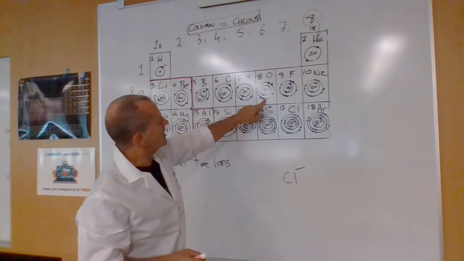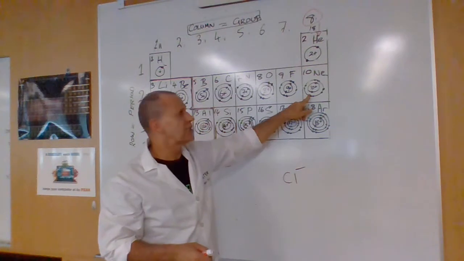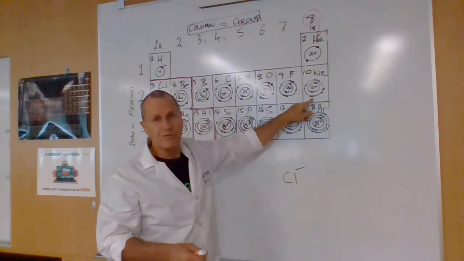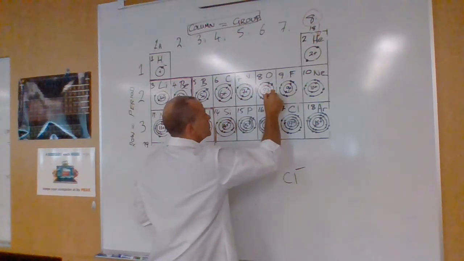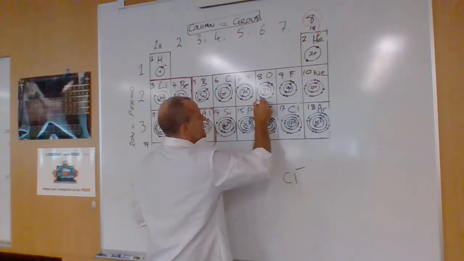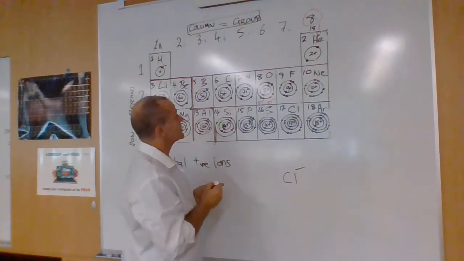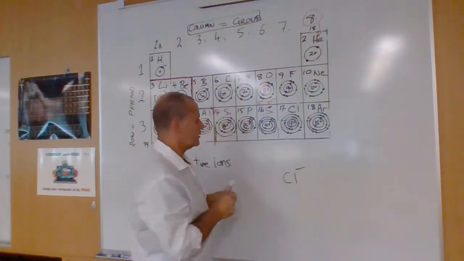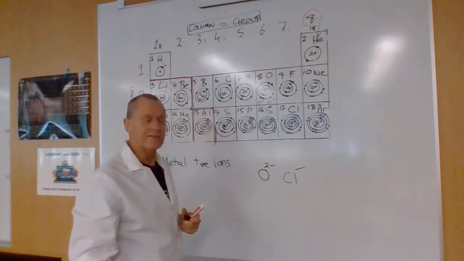So oxygen here needs to gain 2 electrons to fill its outer energy level and become stable, like neon. So here it is, gaining 2 electrons. Now it's got 8 protons and 10 electrons. So oxygen and anything in group 6 produces a double negative ion.